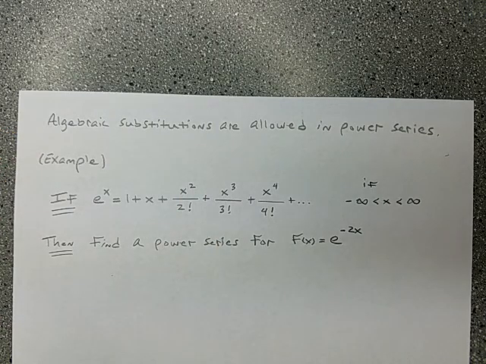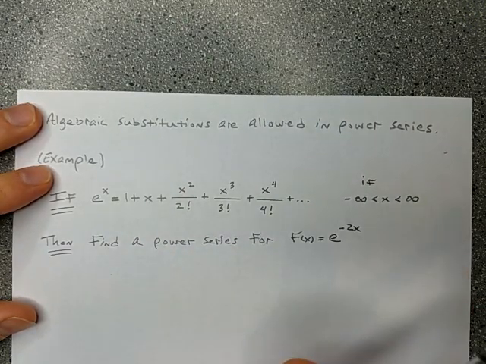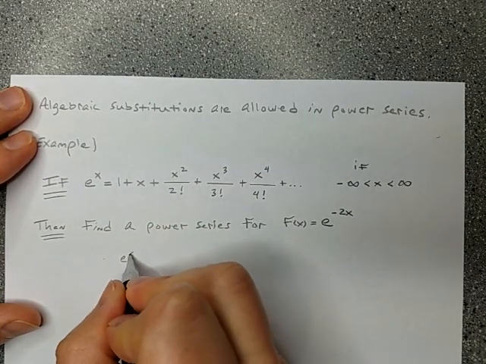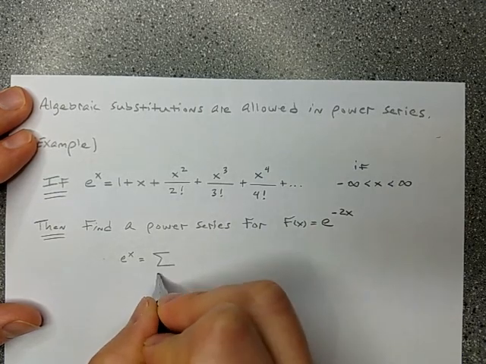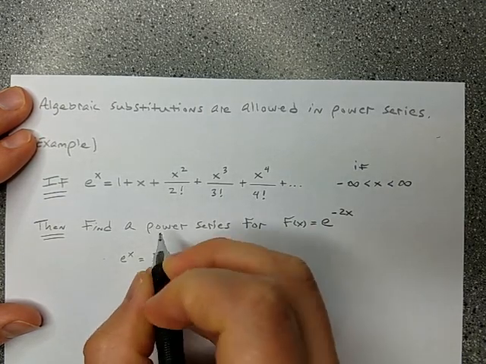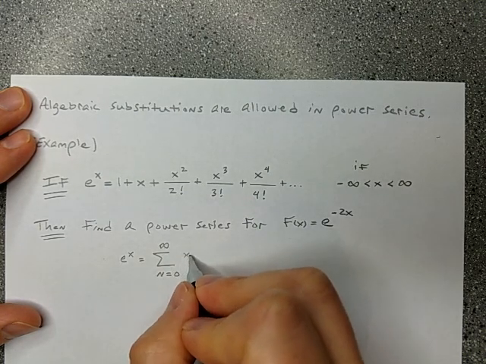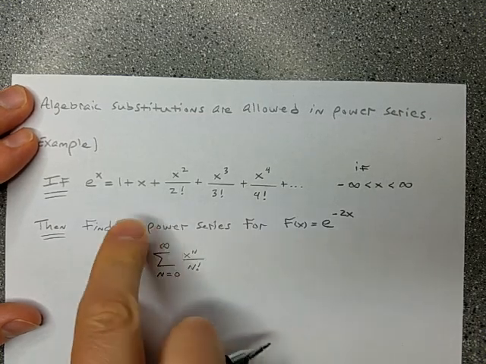Think of it like this. For the sake of making the answer as simple as possible, e to the x is the same thing as the series from 0 to infinity of x to the n over n factorial. That's another way to summarize that statement.